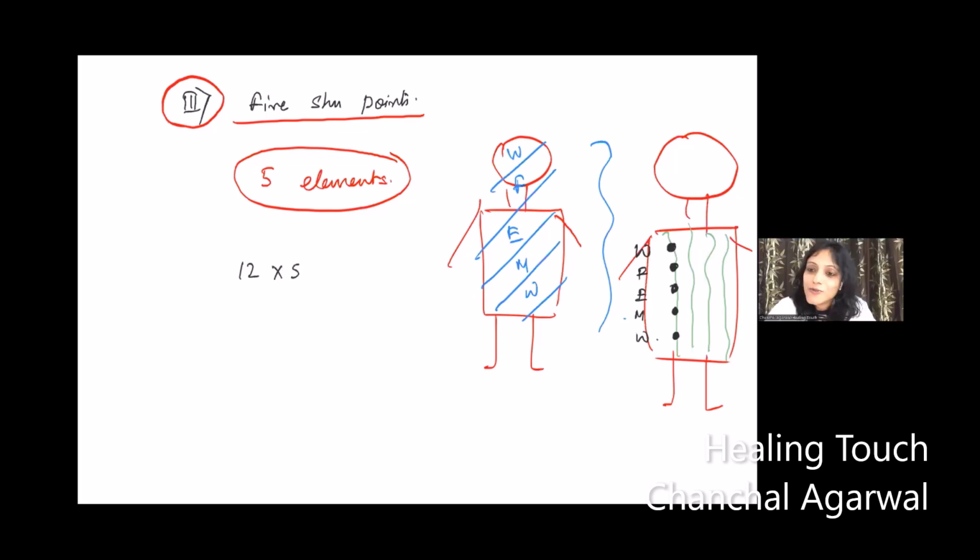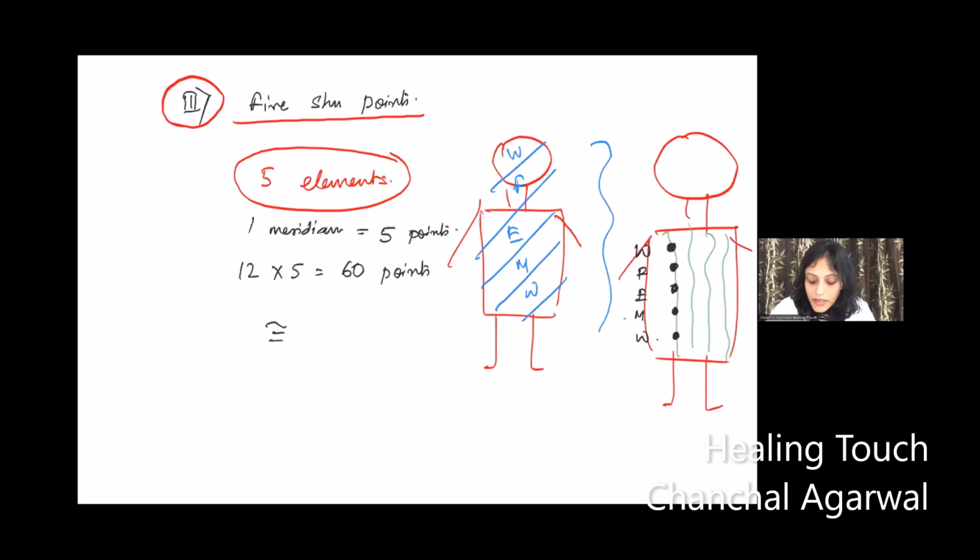Class 2, 3 में आ जाओ. 12 into 5 is equal to 60, है ना. One meridian has 5 element points, 5 points which are very important. So 12 meridians have 12 into 5 is equal to 60 points which are very important.